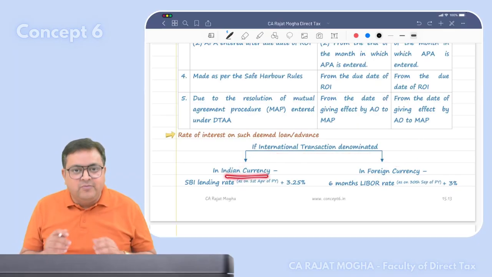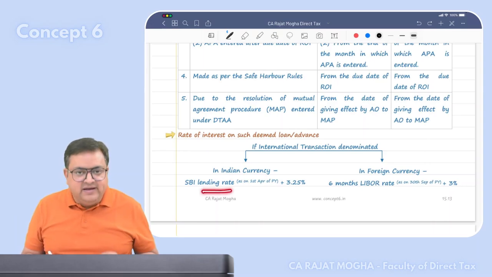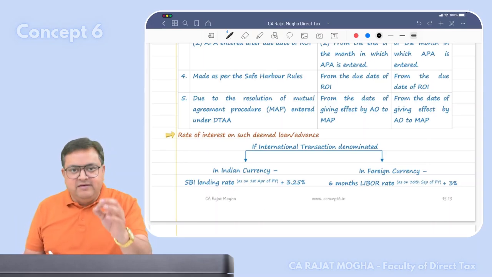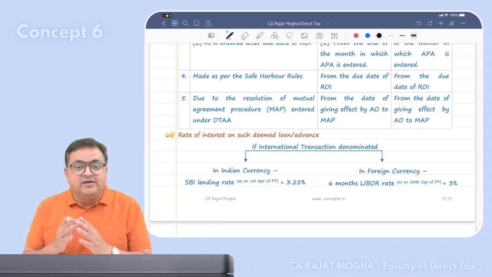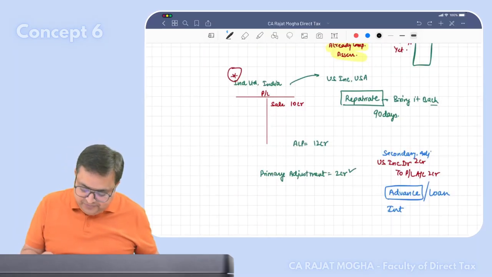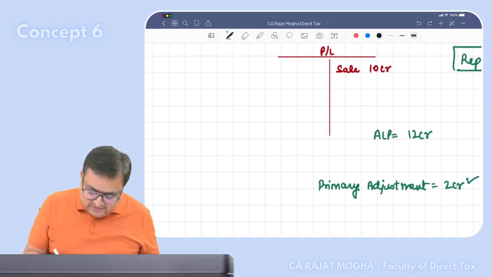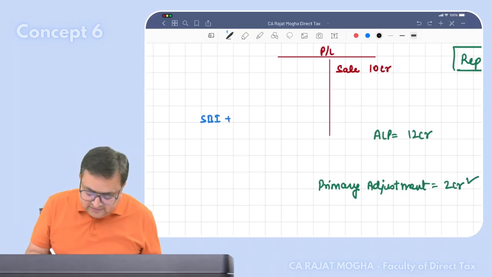If it is denominated in Indian currency, then you have to apply the SBI lending rate, which will be given to you, plus 3.25%. So the rate of interest would be the SBI lending rate plus 3.25%. It will be given to you in your examination. If it is denominated in Indian currency, SBI lending rate plus 3.25%.